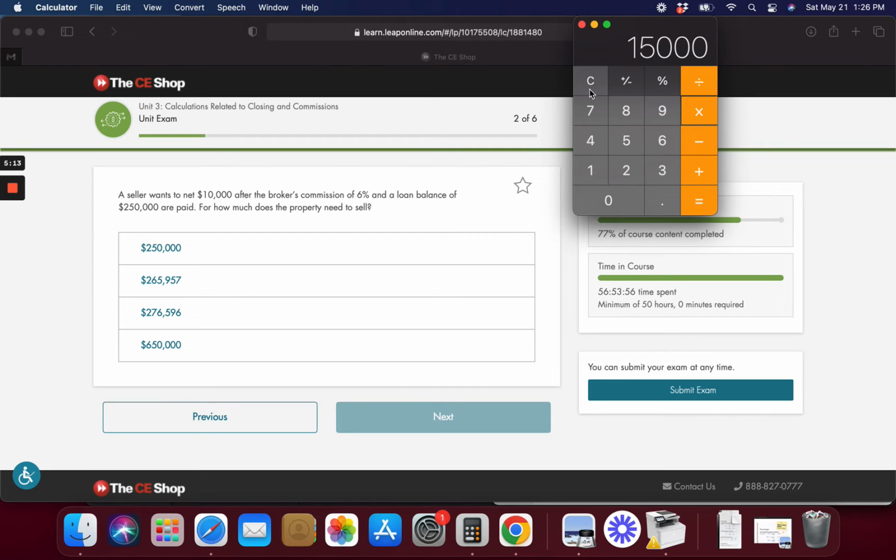So 15,000 is 6% of this, the broker fee. So that would be 250 plus 15. It would be 265, I believe. 265, so 275, something like that. So it's going to be in between here.